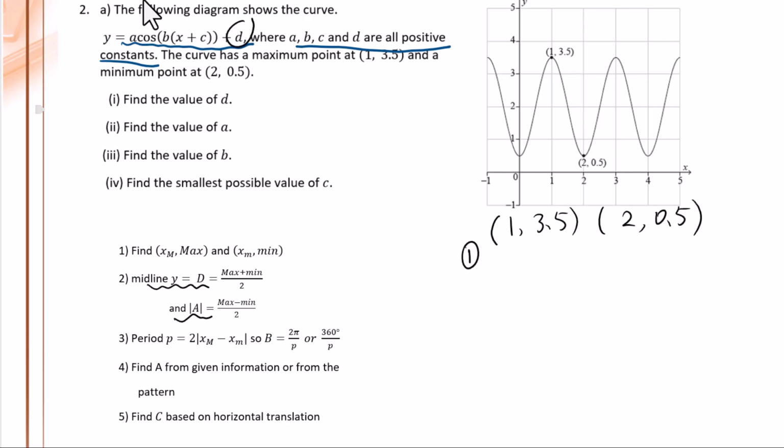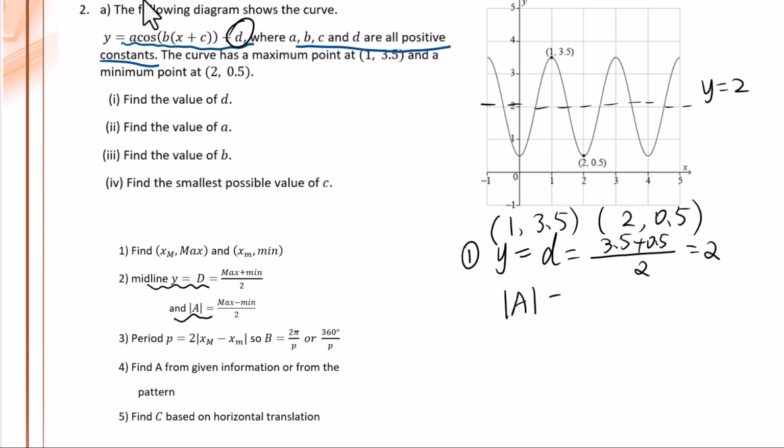Midline is this d. Vertical translation is the midline. y equals d equals the midpoint between maximum and minimum. (3.5 plus 0.5) over 2 equals 2. y equals 2.